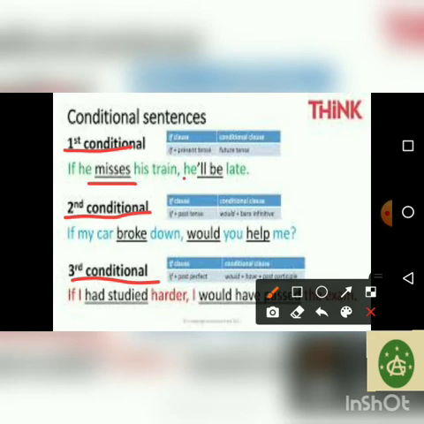Then the second part, the main clause, will be in future. He will be late. You can use contractions, meaning you can write in short form like "he'll be late." Both are okay.